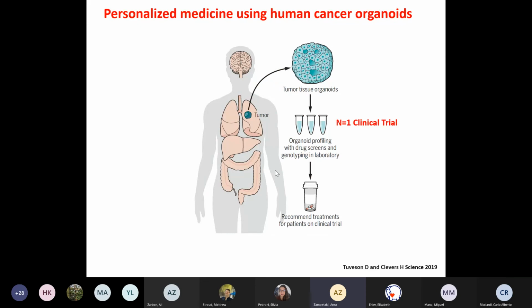You can have tumor organoids derived from an individual, then use them for testing hundreds and hundreds of different compounds. So it is what is called an N=1 clinical trial. The compound that is more effective then can be used to treat the patient in a more efficient manner.